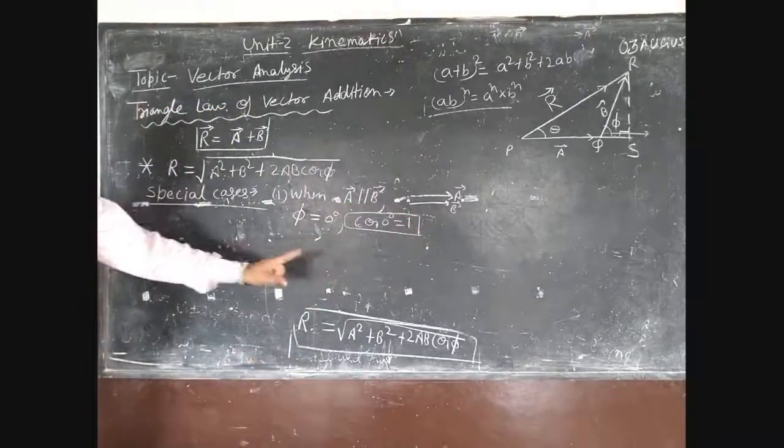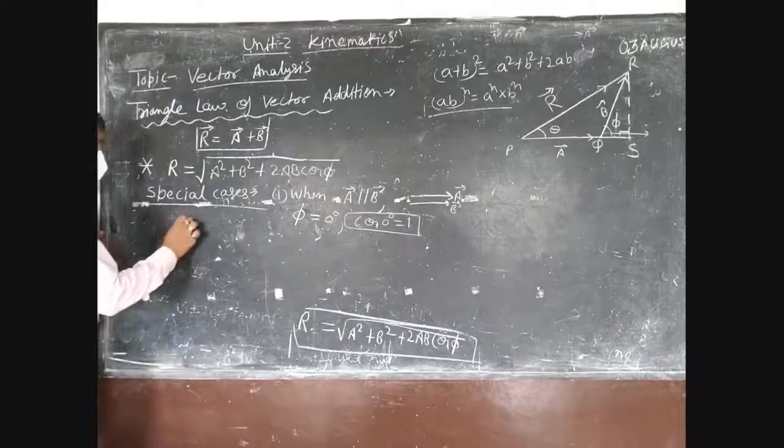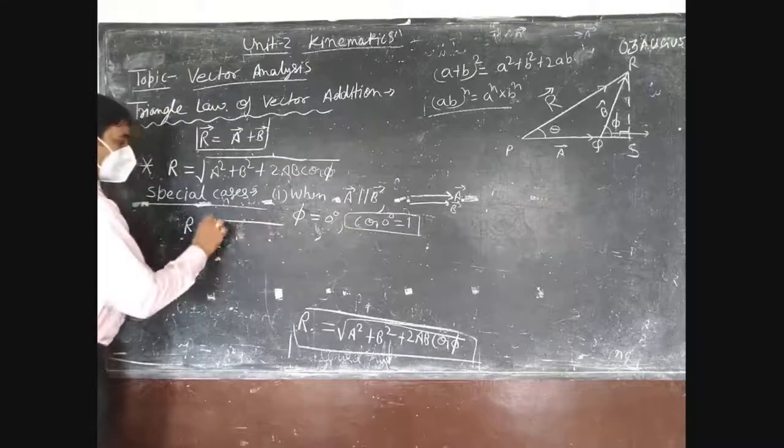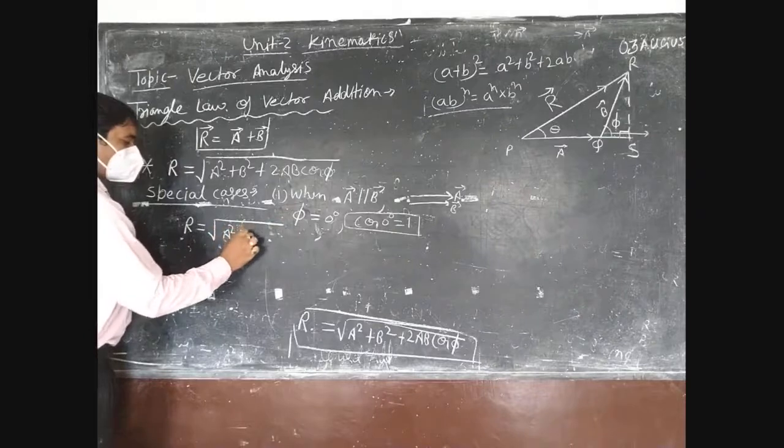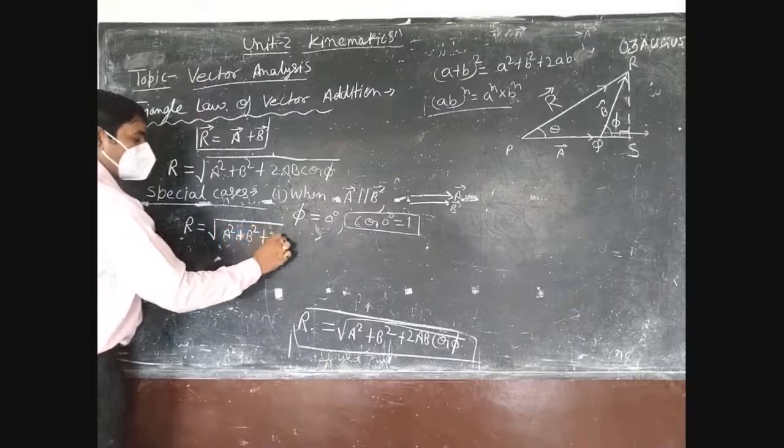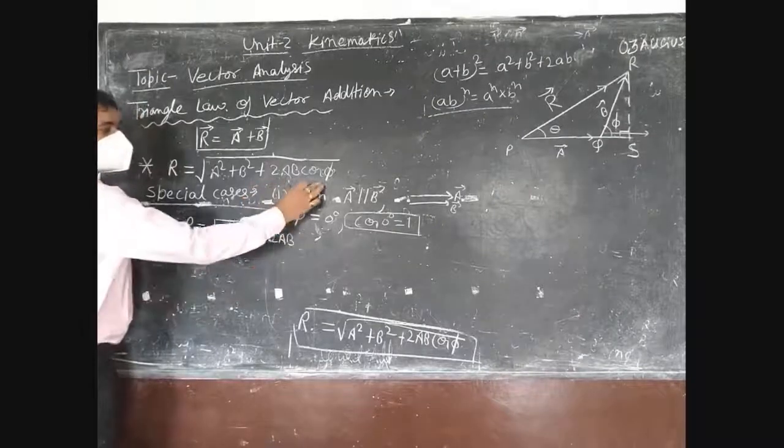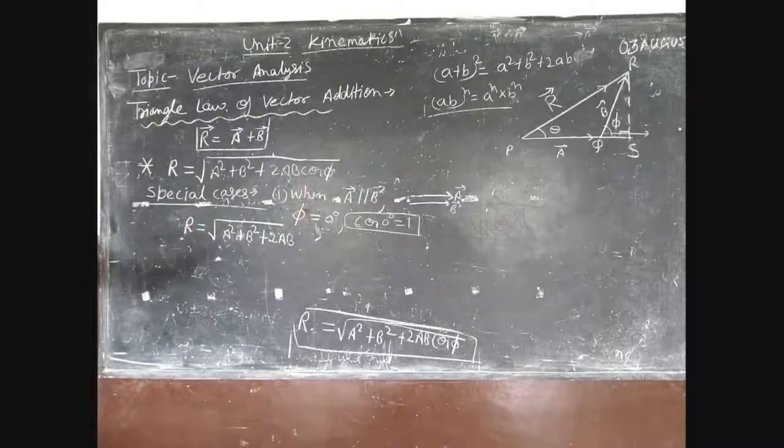By using this relation here, we get R is equal to under root A squared plus B squared plus 2AB, as cos phi will become 1 by using phi equal to 0 degree.